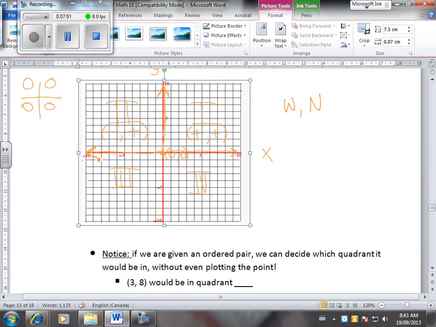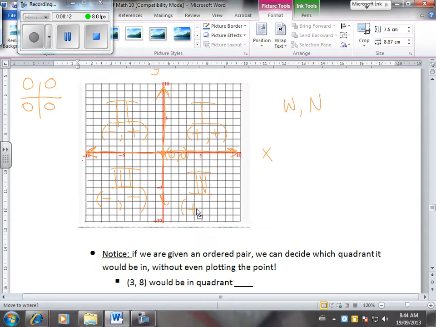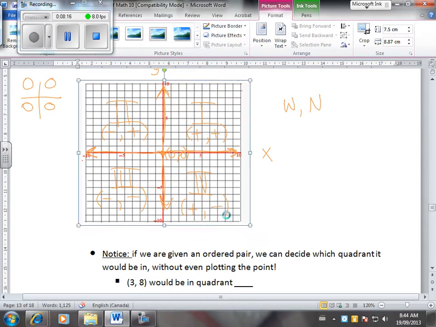My x in quadrant 3 is negative, and my y is also negative. So quadrant 1 is 2 positives, and quadrant 3 is 2 negatives. And then quadrant 4, my x is positive again, my y is still negative.